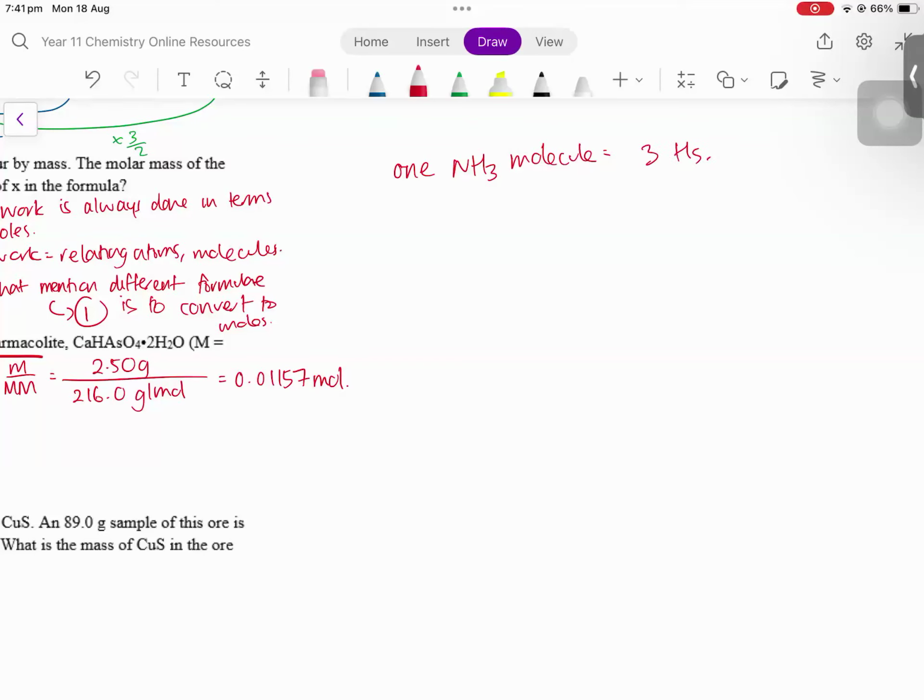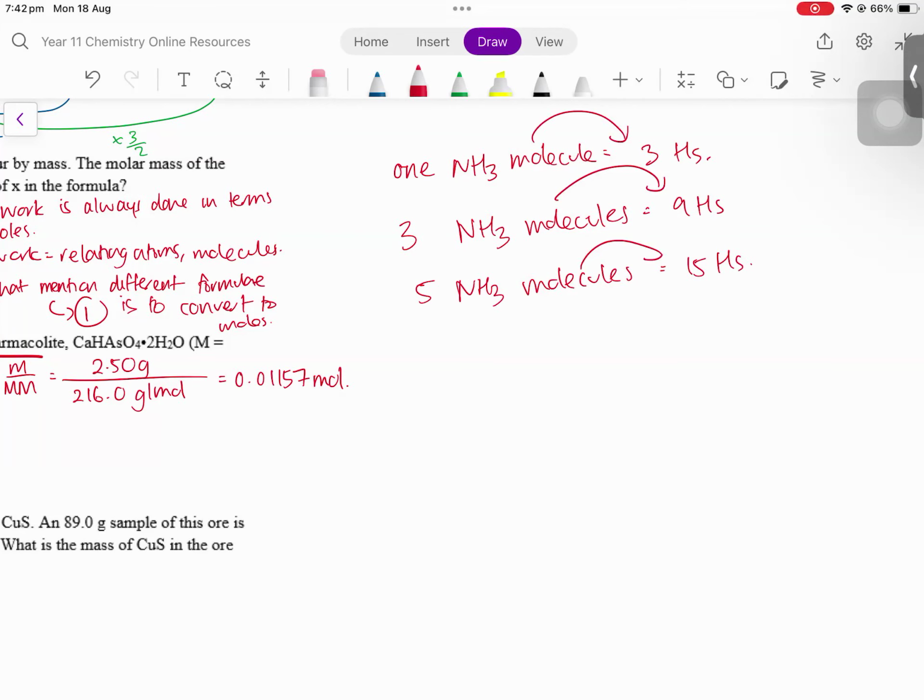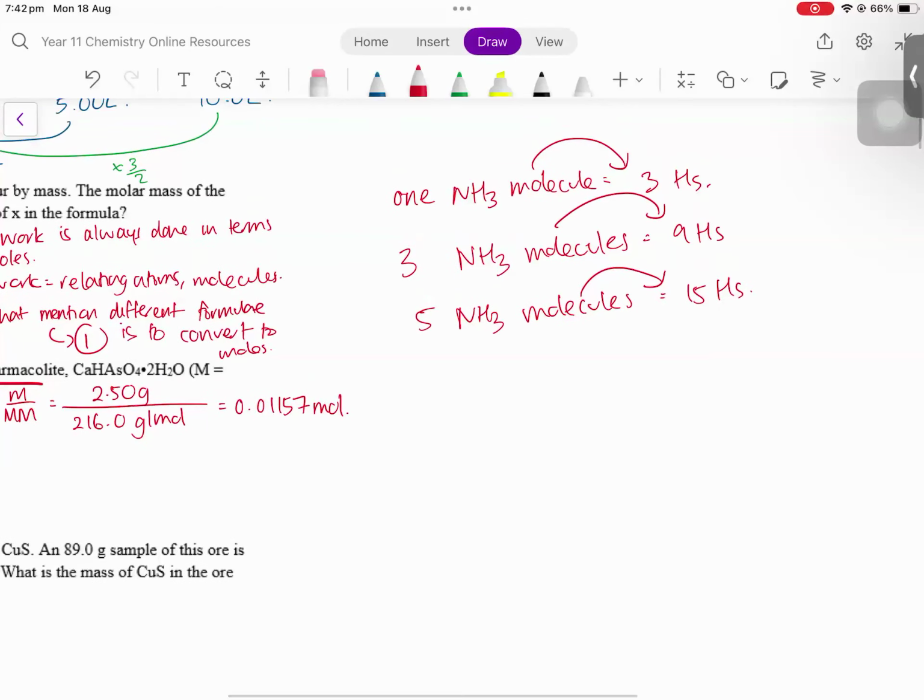If I told you that I had 3 NH3 molecules, how many hydrogens would there be in total? For 3 molecules in total, 9. And then if I told you I had 5 NH3 molecules, how many H's would you say I have? 15. What are you doing to get from here to here each time? What operation did you do? Did you times, did you add? You times by 3 each time, yeah?